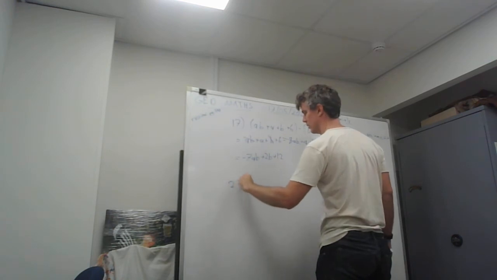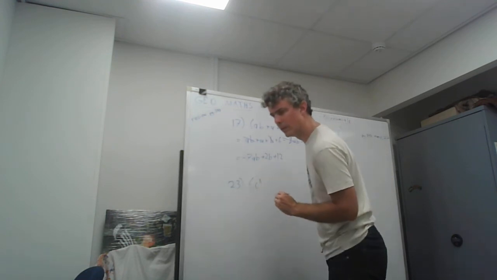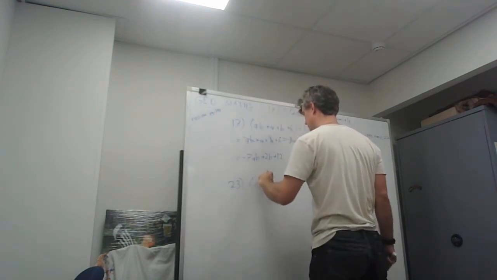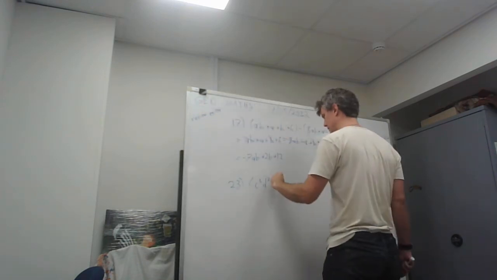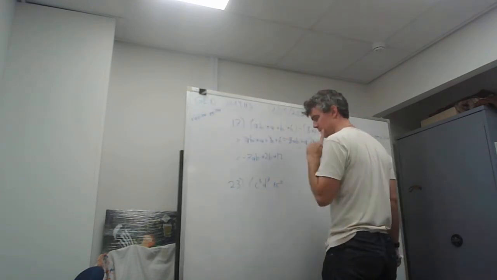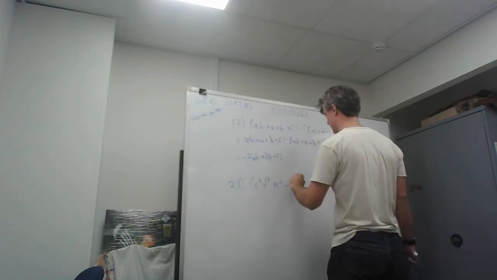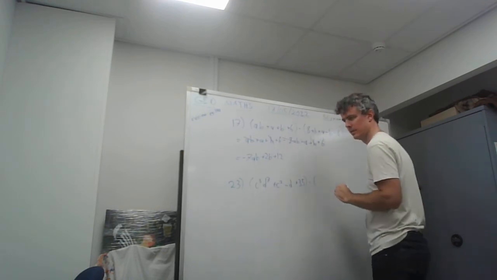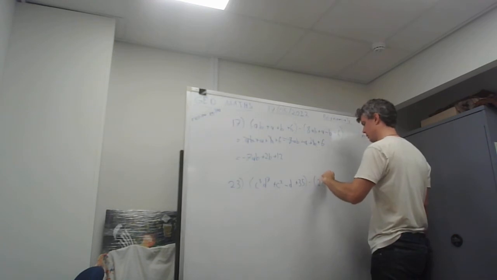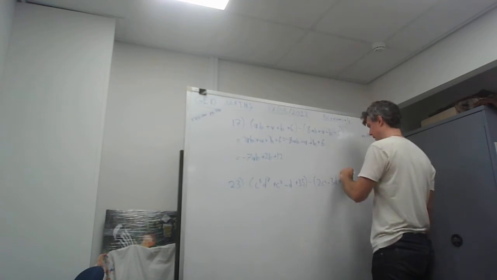C cubed, D to the power 7, plus C squared minus D plus 35, minus 2C squared minus 3D plus 35.